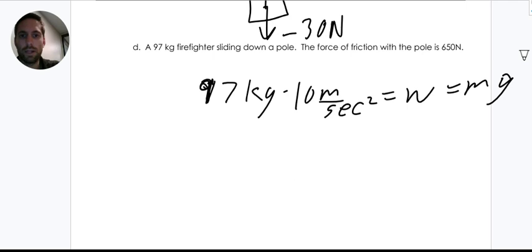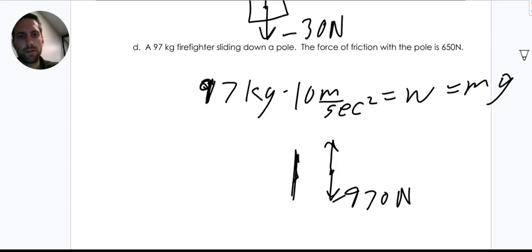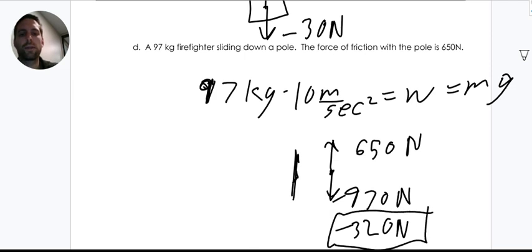And I will get, since he's sliding down the pole, a downward force of 970 newtons, and an upward force of 650. And my net force, if I add that together, it's going to be 320. And it's negative, going down. And that is the video.